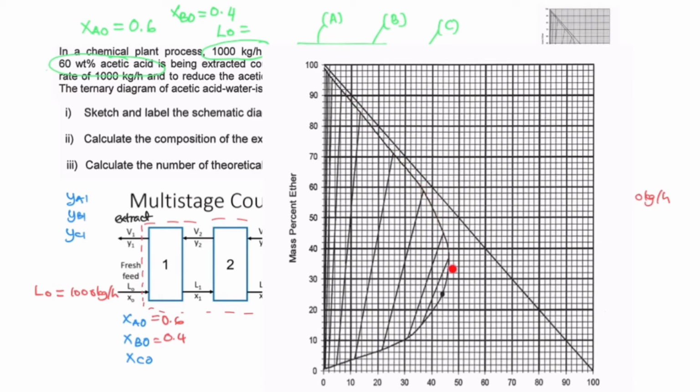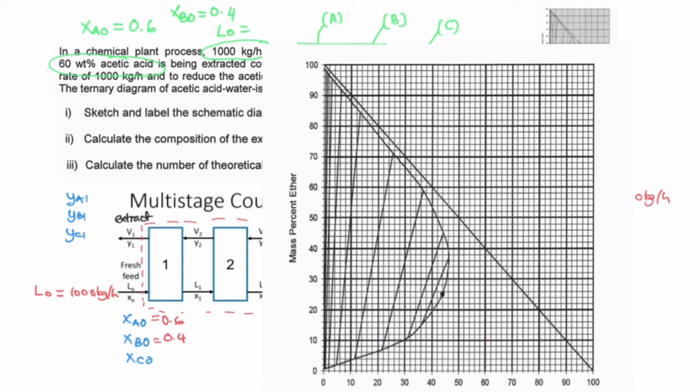But if you don't assume your raffinate composition is at equilibrium, then it is not possible for you to assume the position or the location of your LN on this particular curve. It might be on the other side of the curve, maybe inside the two phases area or in the single phase area.